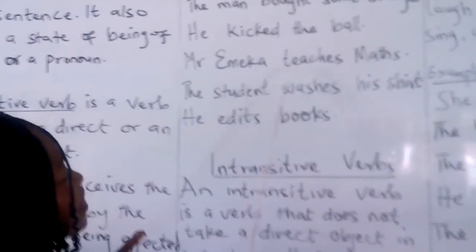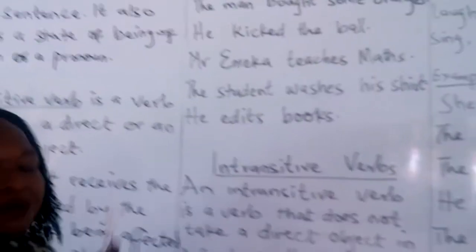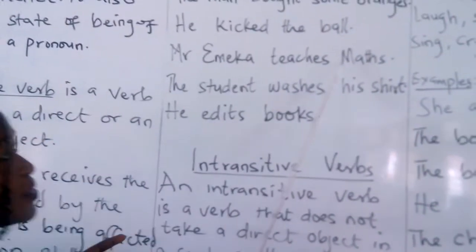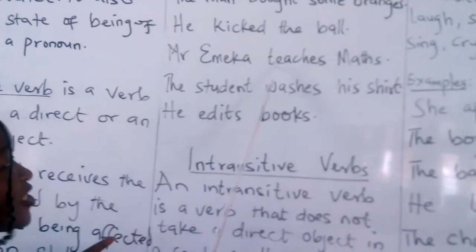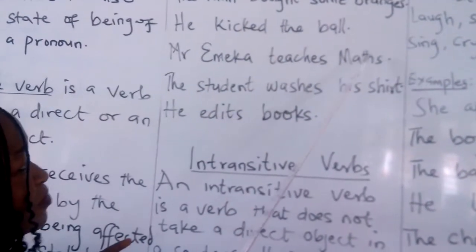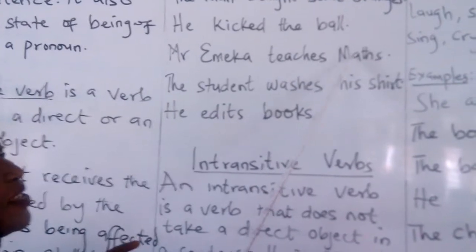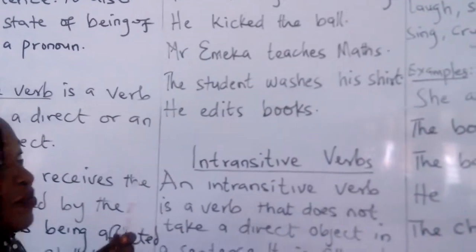Mr. Maker teaches maths. The object in the sentence is maths, while teaches is a transitive verb, meaning that teaches is giving an action, while maths is receiving the action.